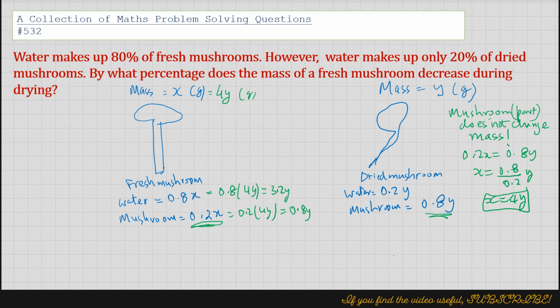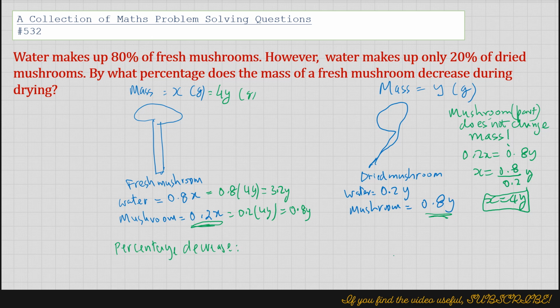What we have to do now is find the percentage decrease in the mass of the fresh mushroom. We really didn't need to change the water part and the mushroom part, but well, I just did it. So all we have to do is work out the percentage decrease.